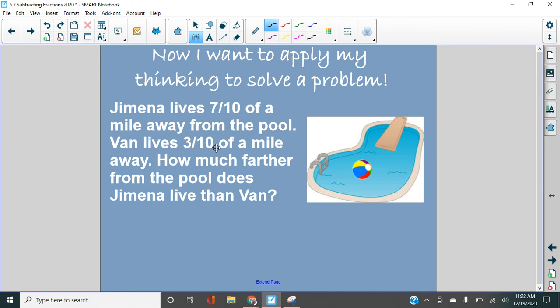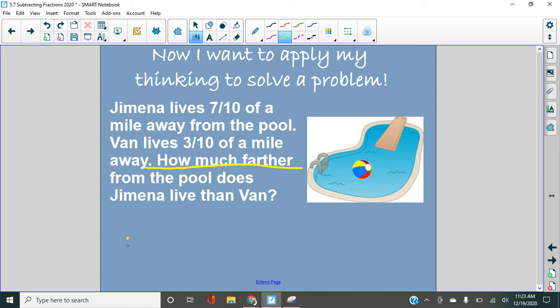Vaughn lives 3/10 of a mile away. How much farther? Right? You're going to see words like this in subtraction problems. How many more? How much farther? How much taller? How much shorter? Right? Because they're asking you to compare the two things and tell how far away they are, like the difference between those two. That's how you know not to add that, right?